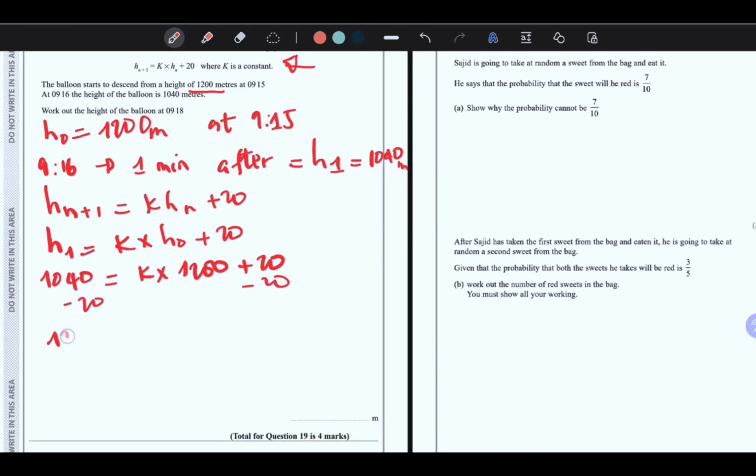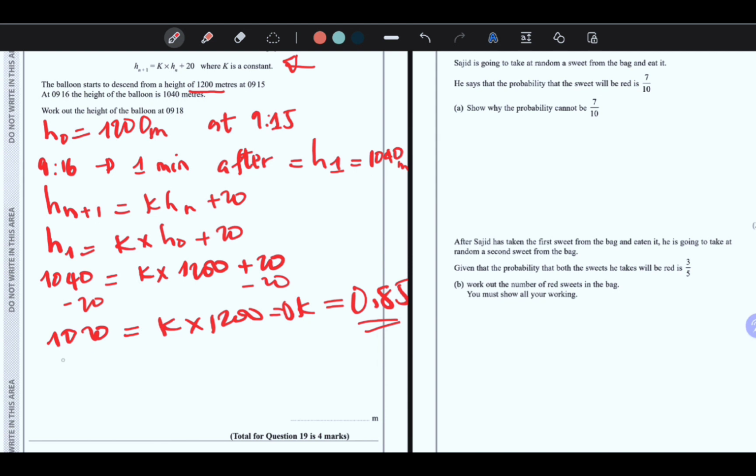And we're going to have 1020 equal to k times 1200. If I divide both sides by 1200, I'm going to have k equal to 0.85.